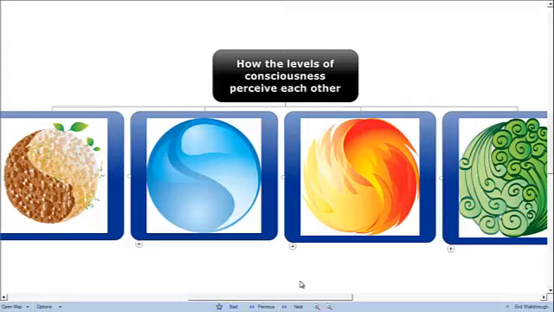Once you get into a more relativistic type of thinking, that happens less and less and less. But at the lower level, specifically earth and water, the perception of any other level of consciousness is very rigid, and it's always criminality and insanity generally. So this is a quick overview of different levels of consciousness.